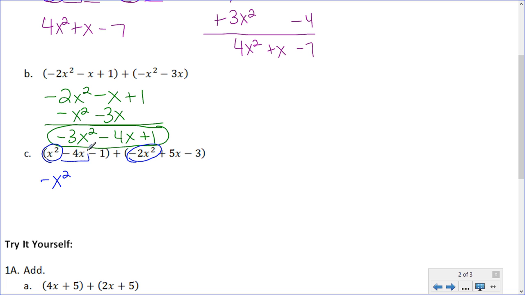We have a minus 4x and a plus 5x. So when we add those, negative 4 plus 5 is 1. So that would be 1x, or just x. And then a minus 1 and a minus 3. And negative 1 and minus 3 is negative 4. So negative x squared plus x minus 4.